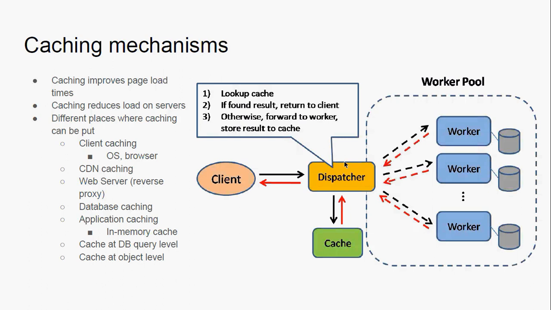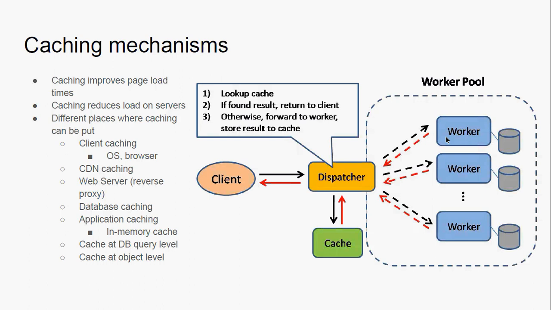So as you can see, this is a typical strategy of caching. Whenever a user or client makes a request, your dispatcher could be anything like a reverse proxy or load balancer, or even your application. This dispatcher could be anything which is handling the cache. So it looks up in cache. If a result is found, it simply responds to the client.